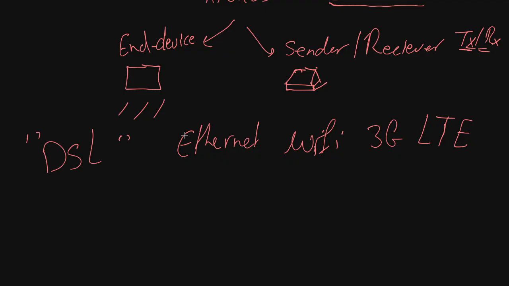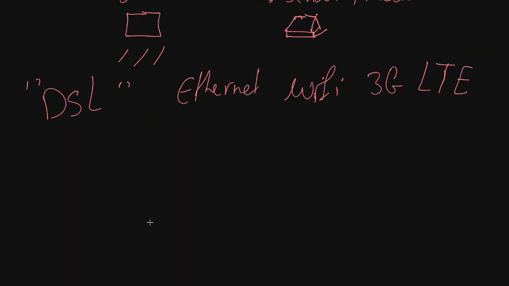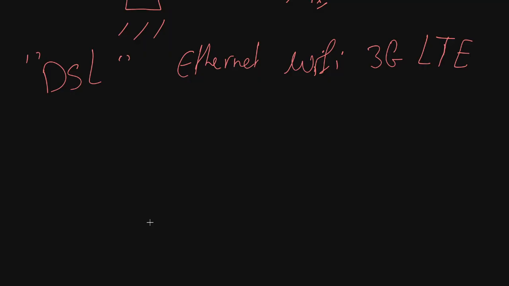Before we start, there are some ways to draw devices. If you want to draw a PC, you can just draw a PC however you would like to draw it. But there are some other things. This can be a server.